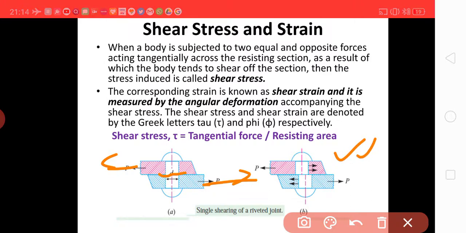Due to this force, the upper part is sliding. This is the area under consideration for the shear stress. If d is the diameter of the rivet, then the area is pi over 4 d square. If P is the force, then shear stress will be the tangential force upon the resisting area. This is the resisting area over here.